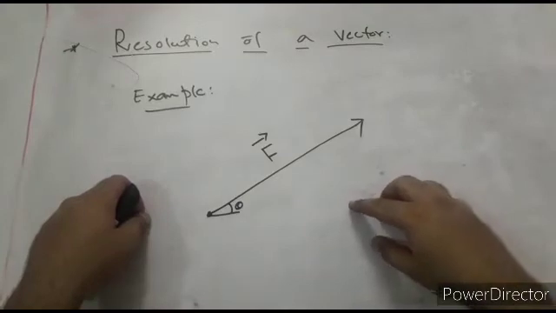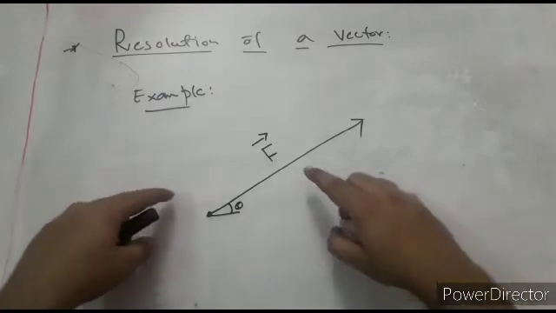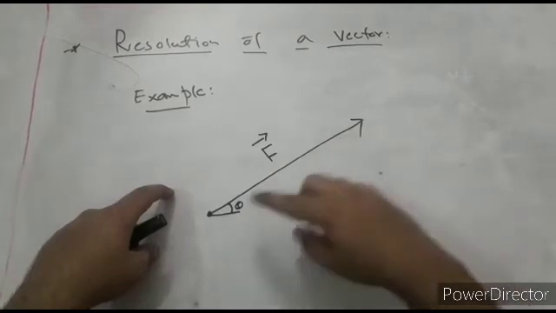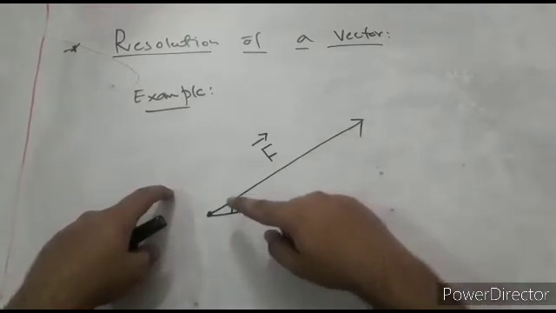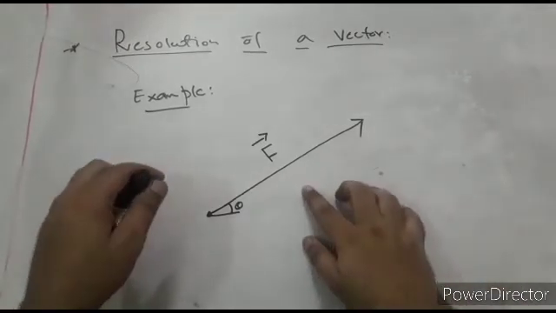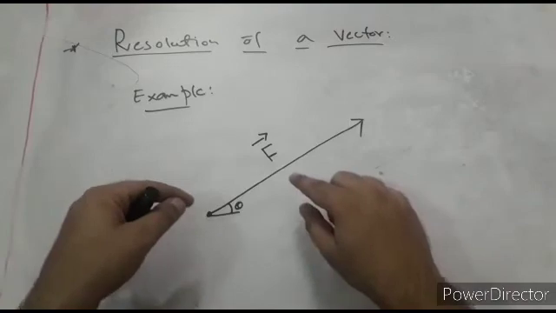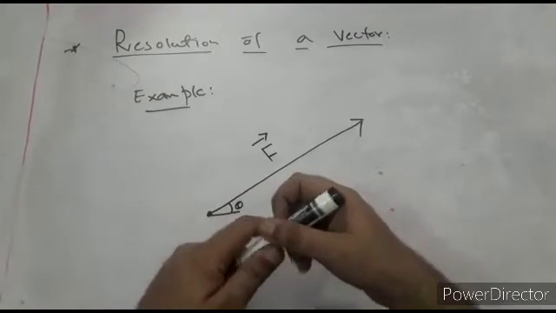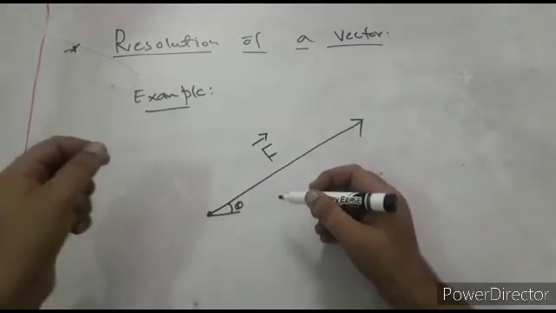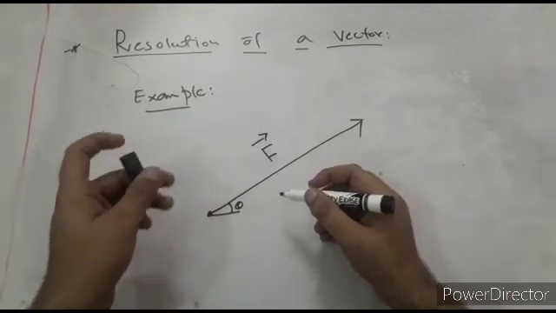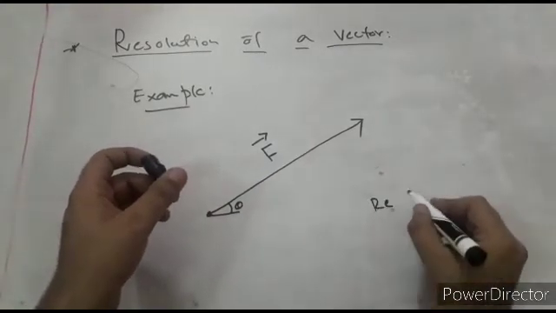Okay students, now we will see an example of how to resolve a vector. Let's say we have this vector whose magnitude is F, and the direction is given by this angle theta, so it's going in this direction, and we have to split this vector. Into how many components can we split it? We can split it into infinite components, but at this level we resolve this vector into two components, and these components are also called rectangular components.